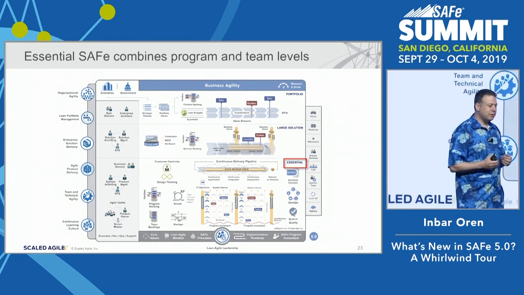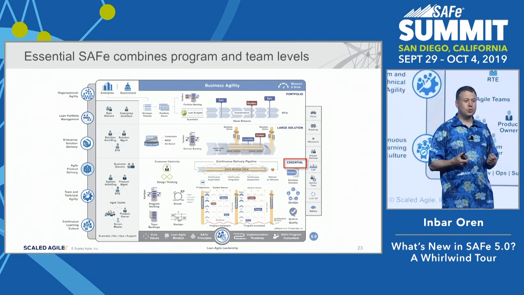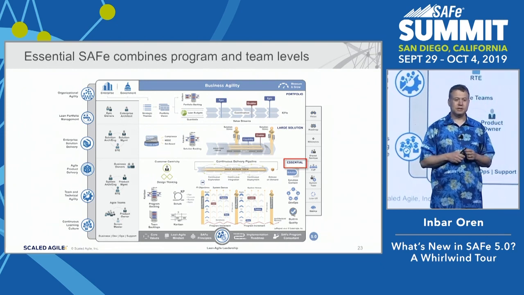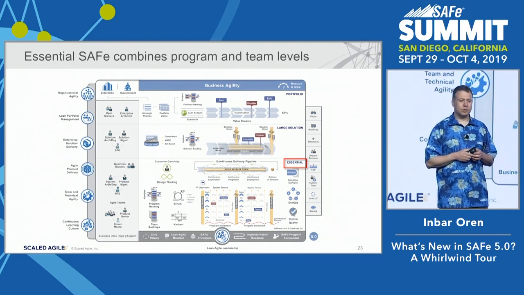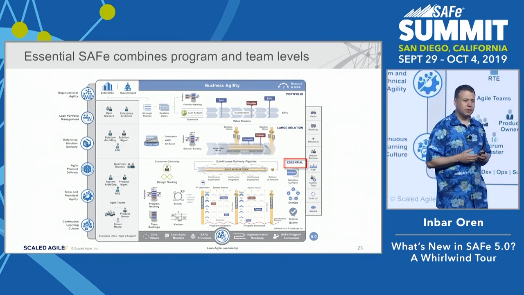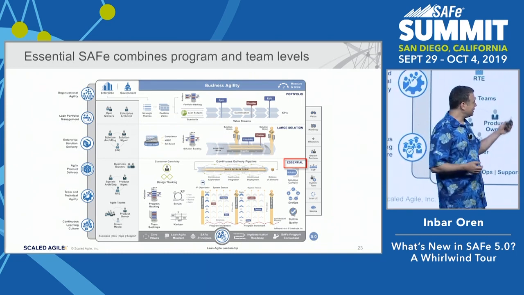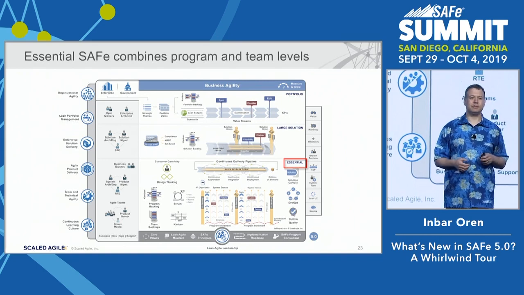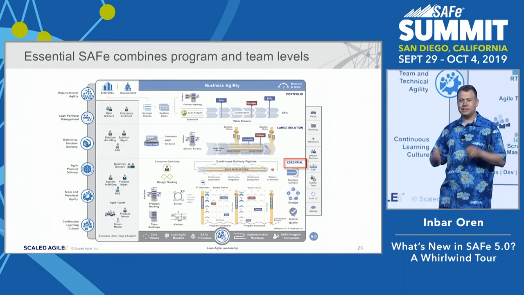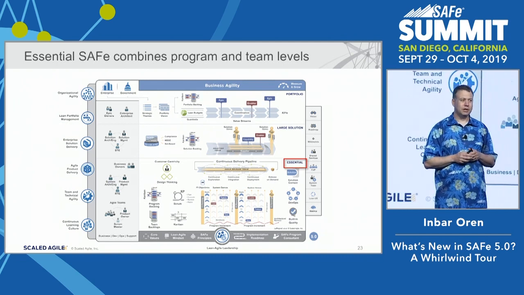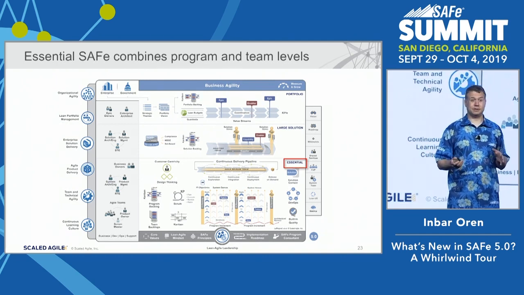And as we took that away, we were thinking, what's the name for this new level? What's the name for this new thing? And we've had this configuration, going back to 4.0, called Essential SAFe. We said, that's it. This is Essential SAFe. There is no team, there is no program, it's Essential SAFe. So hopefully that's going to make a big difference.